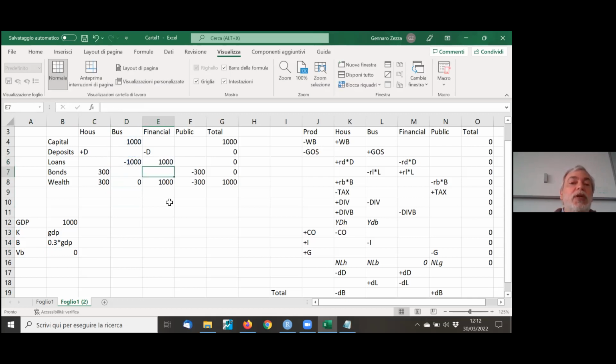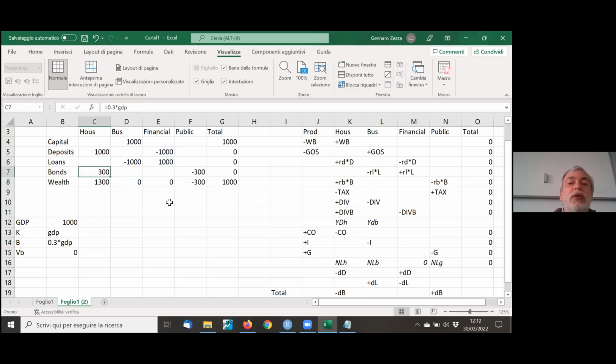And this has to be the negative of this one, and this has to be the negative of this one, and this has to be the negative of this one. So we have found the value of wealth, which is implied by the hypothesis that the debt of the government is 300, and we have filled our balance sheet.